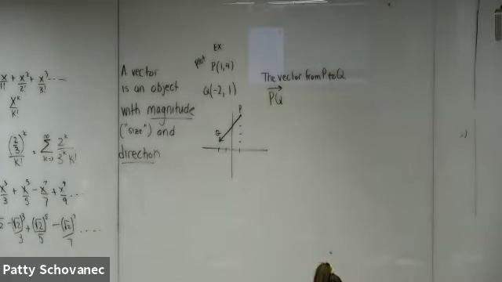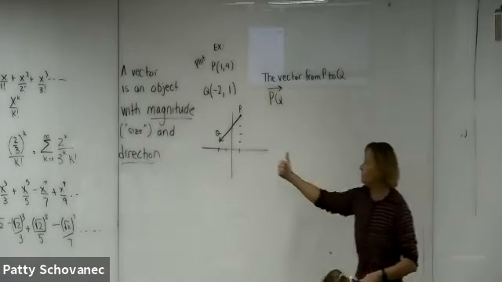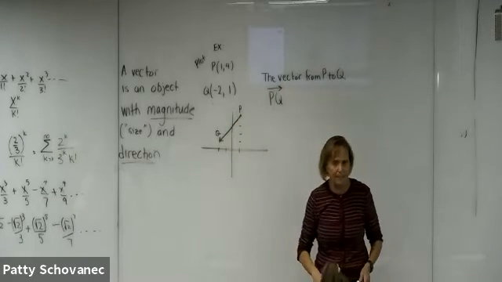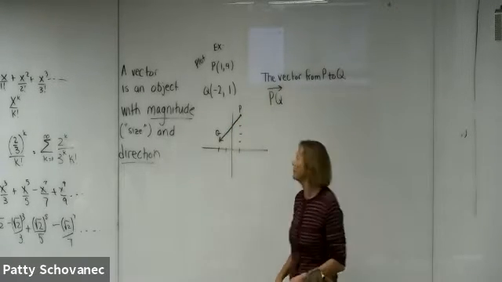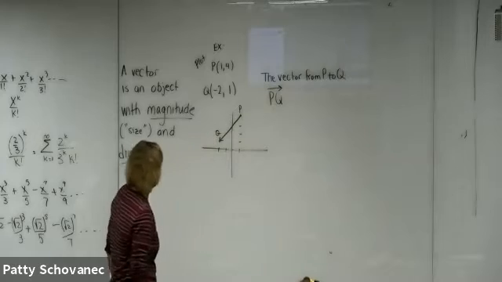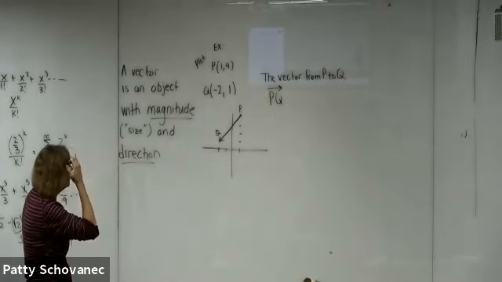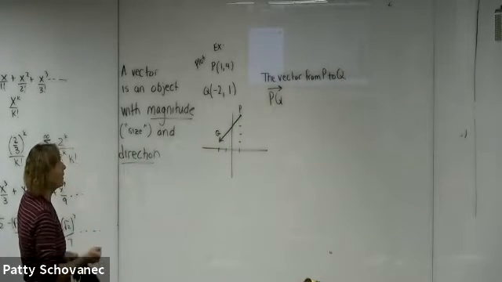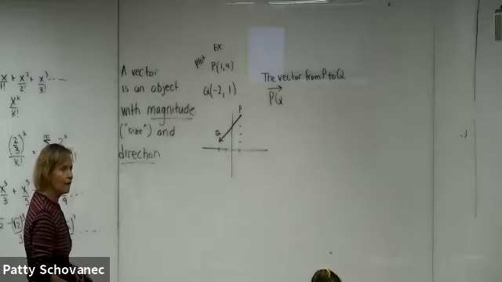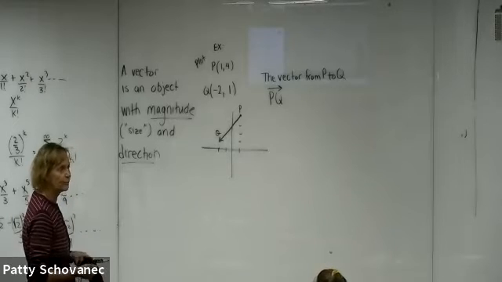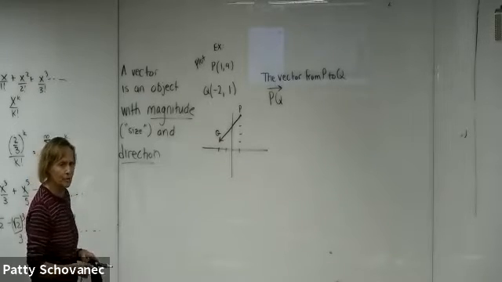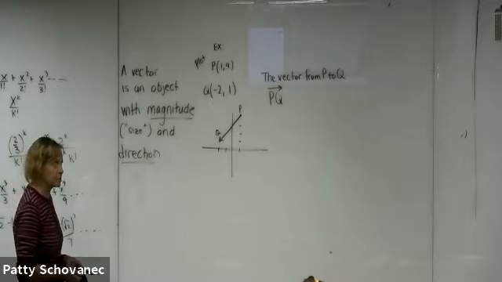So that would be something different than the vector from Q to P. The vector from Q to P would have the arrow at the terminal point P. We describe the vector by components. How far it's moving in the X direction will be the first component. How far it moves in the Y direction will be the second component.